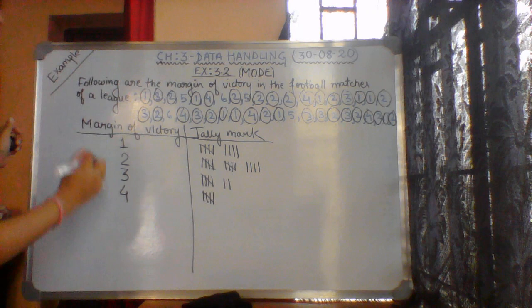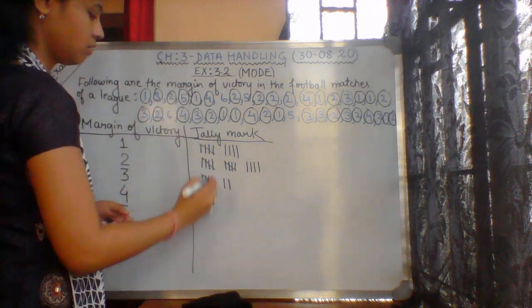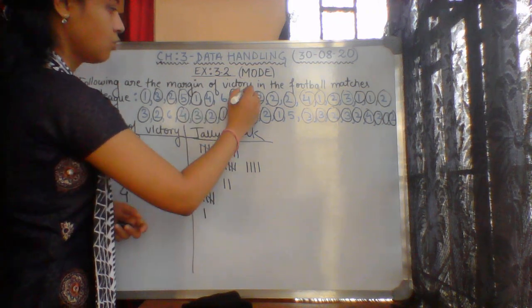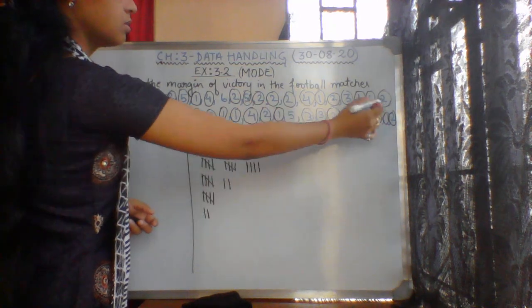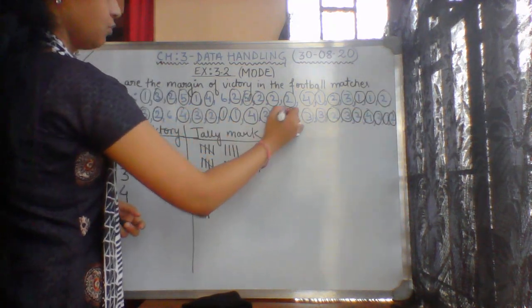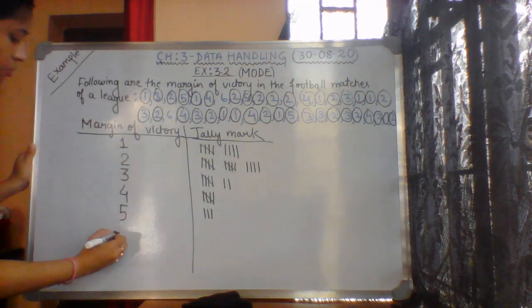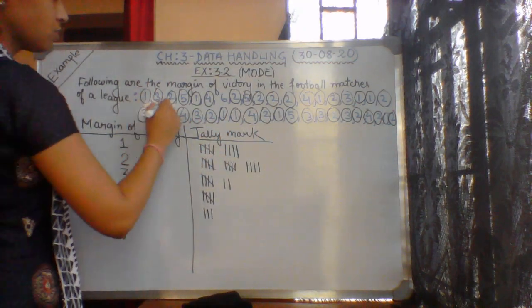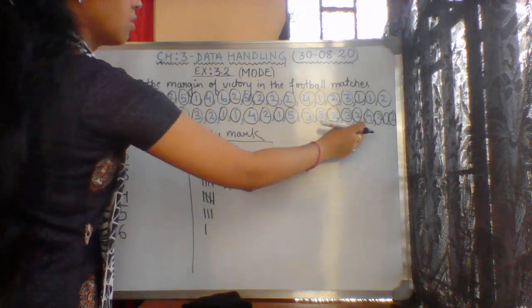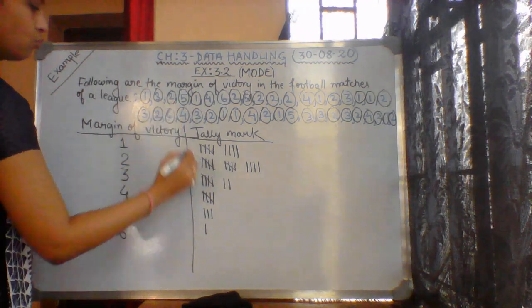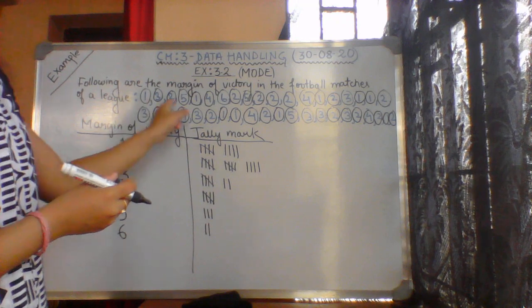Okay, now margin of victory 5. 1, 2, 3. Okay, now margin of victory 6. So 1, 2. So we have done the tally mark over all the numbers.